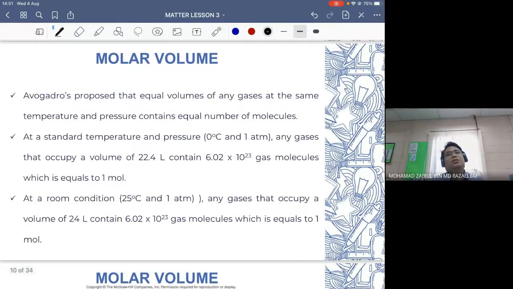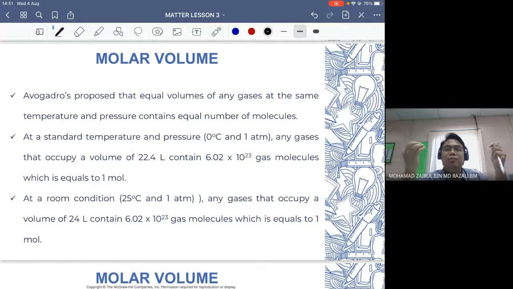Okay. So molar volume you're going to learn further in chapter 5, because in chapter 5 we're going to focus on gas. So basically molar volume come from Avogadro. Avogadro ni basically nama orang lah. He proposed Avogadro's law.